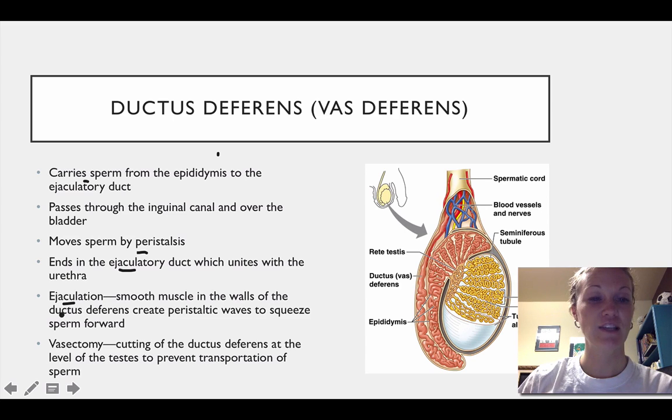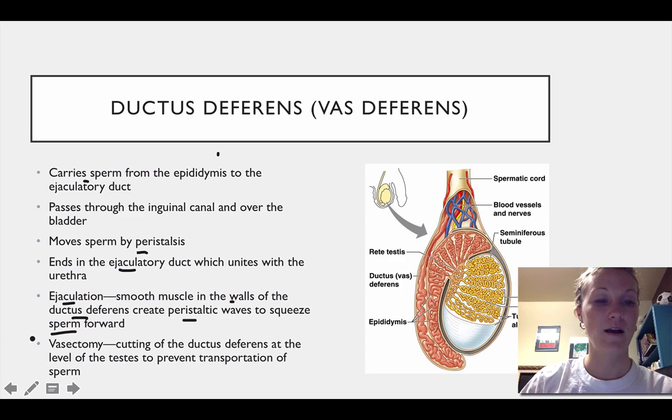Ejaculation occurs by smooth muscle in the walls of the vas deferens, which creates a peristaltic wave that helps to propel sperm forward.